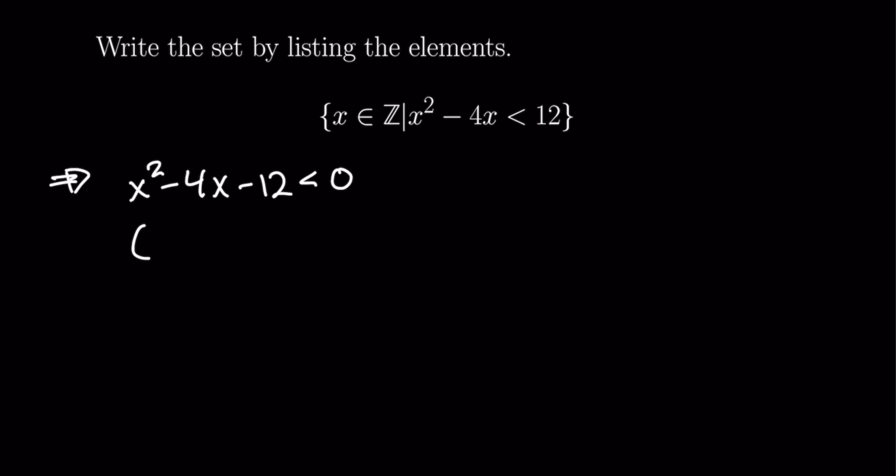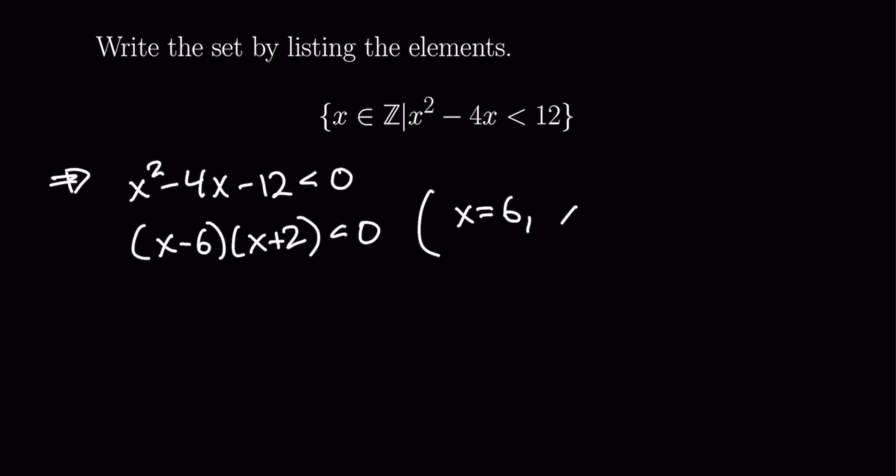Notice if we factor this as x minus 6 times x plus 2, we're good to go. So we get that x minus 6 times x plus 2 is less than 0. But like I said, we probably want to look at where it's equal to 0. So let's recall that x equals 6 and x equals negative 2 are likely to be important points. I'll put stars around those.